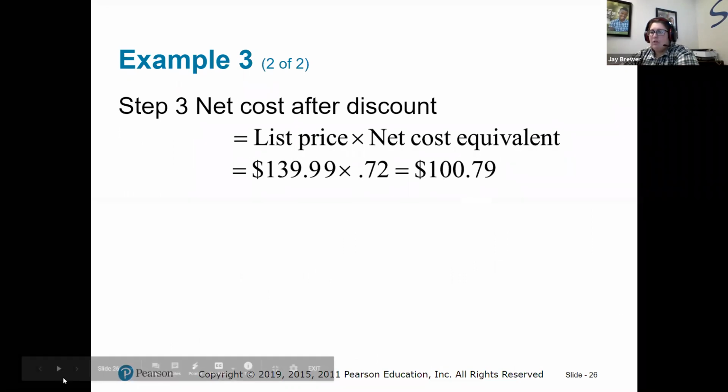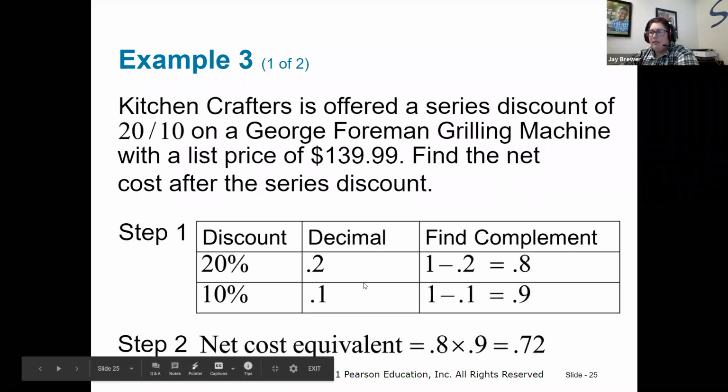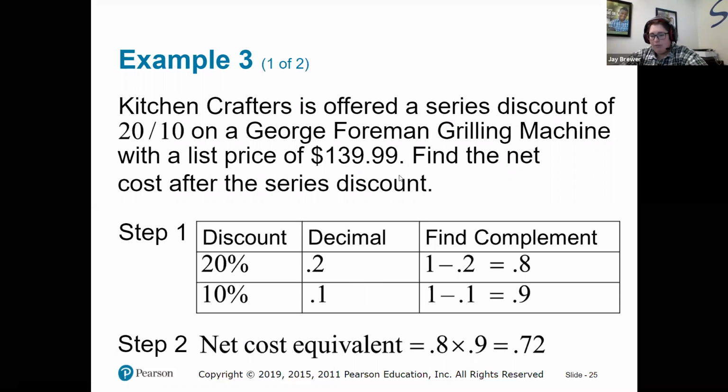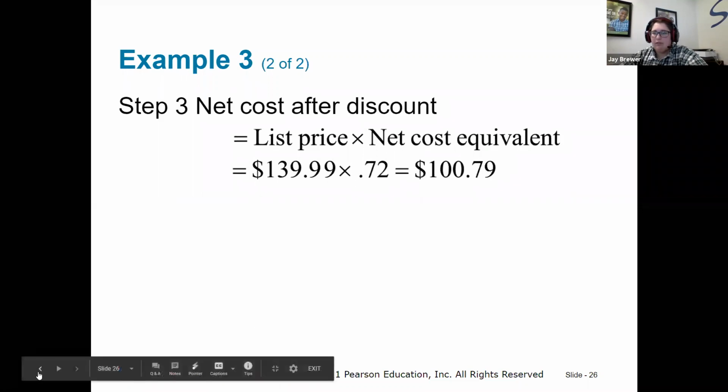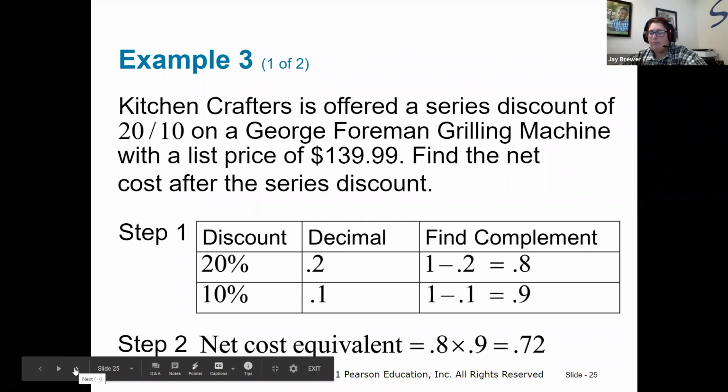Okay. So my assumption would be if we figured out 20% of 139.99 times 0.20, and then we subtract that, and then we find 10%. Yes, it is the same thing. So if you don't believe it, you can do it the first method and you end up getting the same thing.